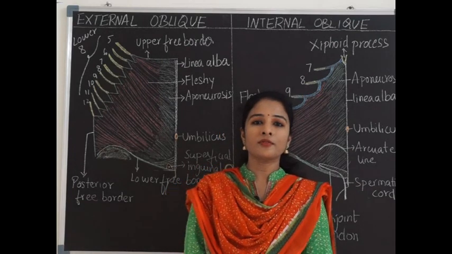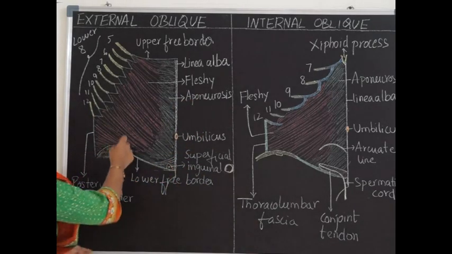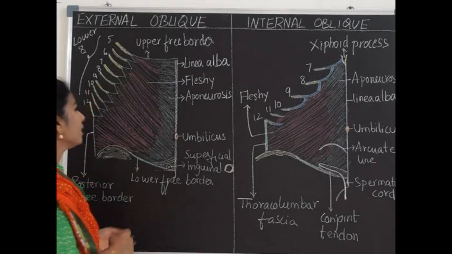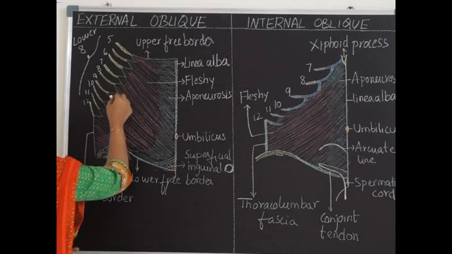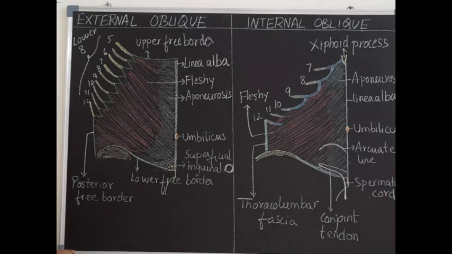So we shall start first with the external oblique muscle. External oblique muscle is similar to the external intercostalis muscle in the thorax, and it gets origin by 8 digitations. The 8 digitations get origin from the lower 8 ribs.